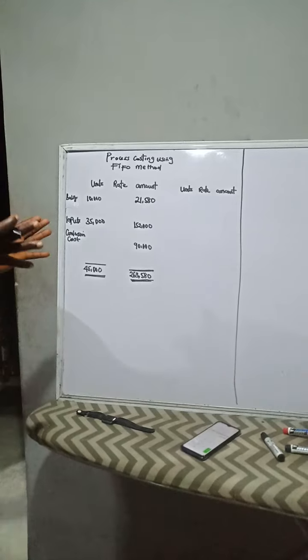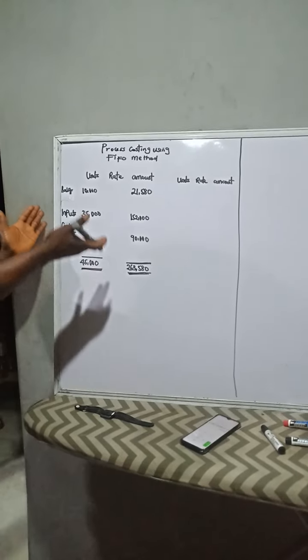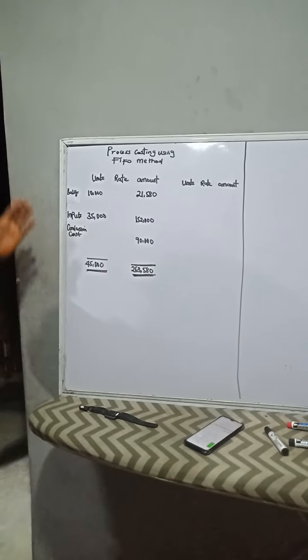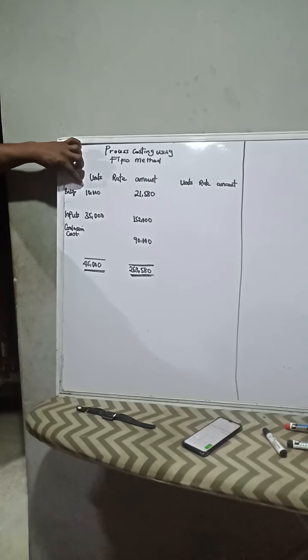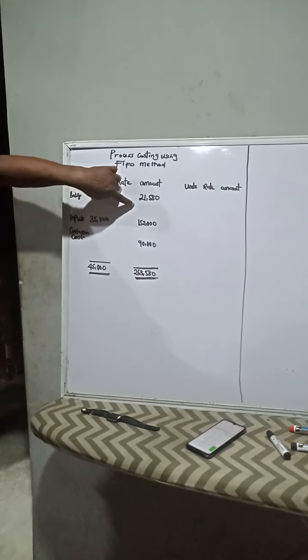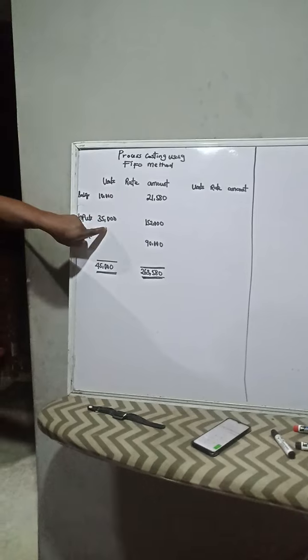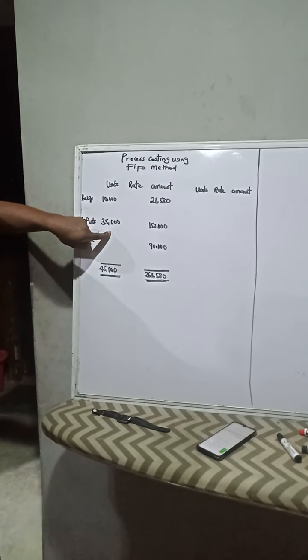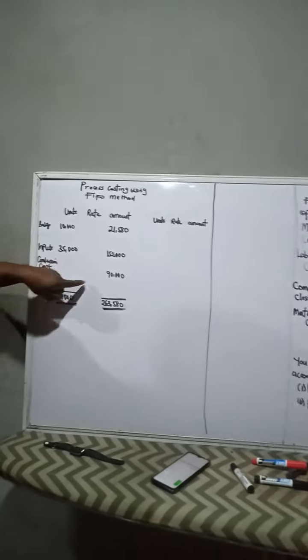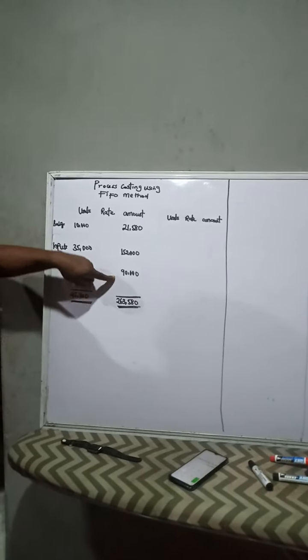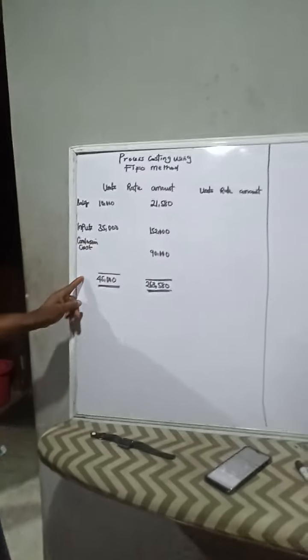Okay, now let's go back to the question again. We've already seen the question and we have all the information on the board based on the previous solution. The brought forward of 10,000 units, this is the total cost for it. The input, the additional material that was received, the cost is 1,000 for material and 90,000 for conversion cost. Good. Remember the rules. You have to deal with the unit column first.